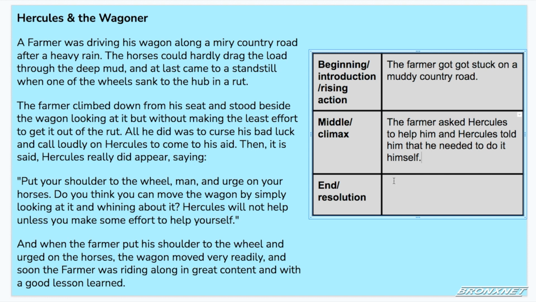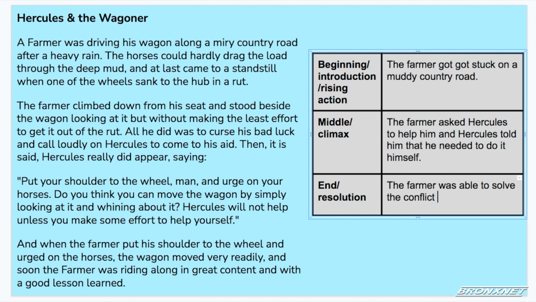So let's see what happened in the end. The end of our story would be this last paragraph. The farmer was able to solve. What were they able to solve? Tell me. Excellent. They were able to solve the conflict.